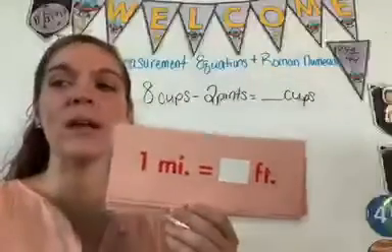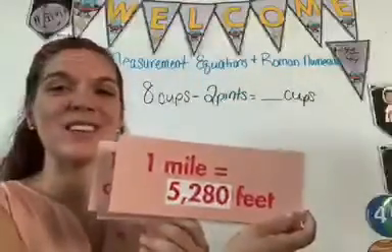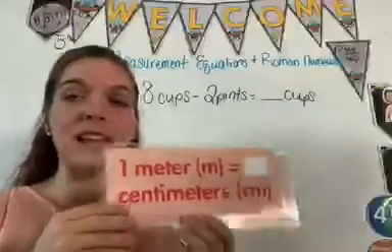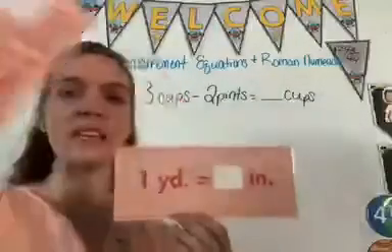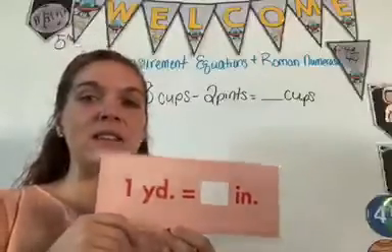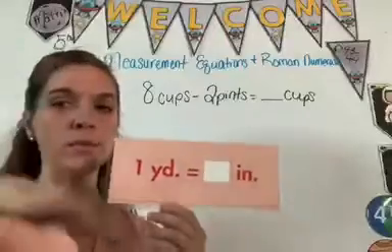Good. 1 mile equals how many feet, Avio? 5,280. 1 meter equals how many centimeters, Andres? 10. 1 yard equals how many inches? Dueno?